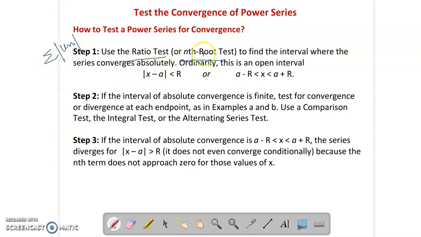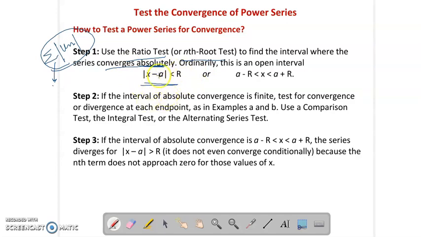So use the ratio test to find the interval where the series converges absolutely, right? Because if you apply your test on this series, from here you will conclude the absolute convergence, right? So use the ratio test or nth root test to find the interval where the series converges absolutely, and in general we are writing that it will be this interval mod of x minus a less than r.